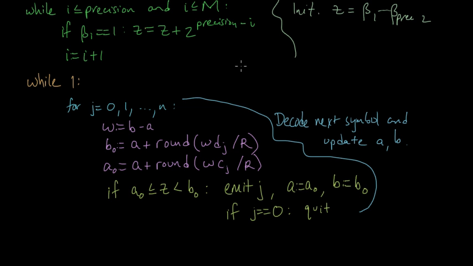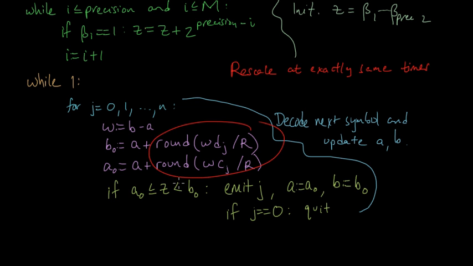This is so important that I'm going to write: rescale at exactly the same times, the same points in the sequence, so that when you do this rounding, you get exactly the same values of A and B at any given step in the process.